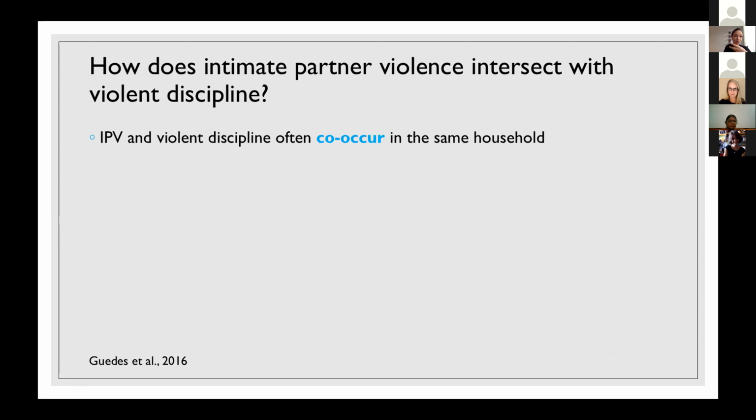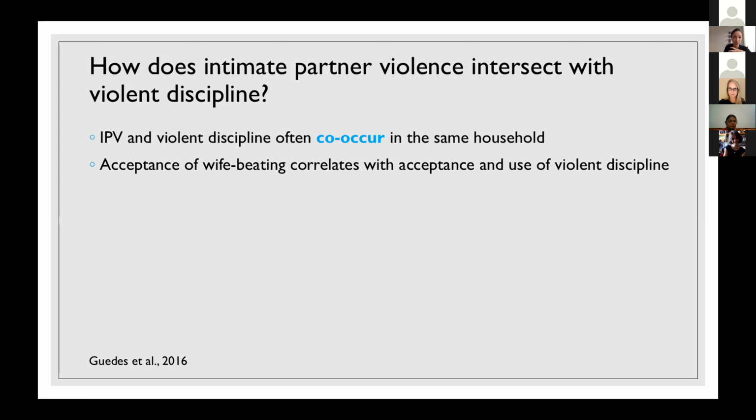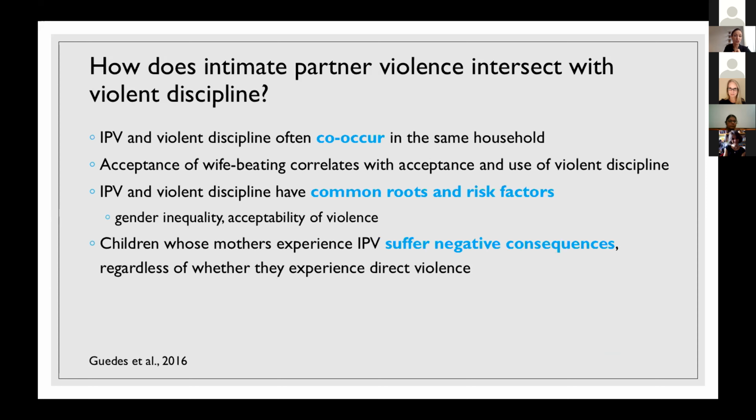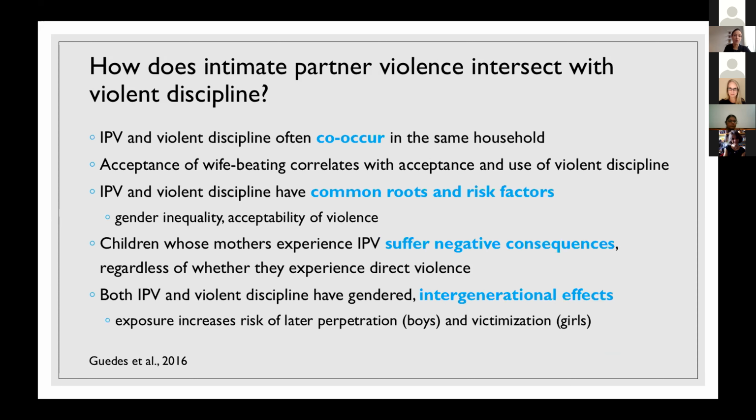So it's important because IPV and violent discipline often co-occur in the same household. Acceptance of wife beating correlates with acceptance and use of violent discipline. IPV and violent discipline have common roots and risk factors. And children whose mothers experience IPV also suffer negative consequences, regardless of whether they directly experience the violence. So in other words, they're intimately connected.